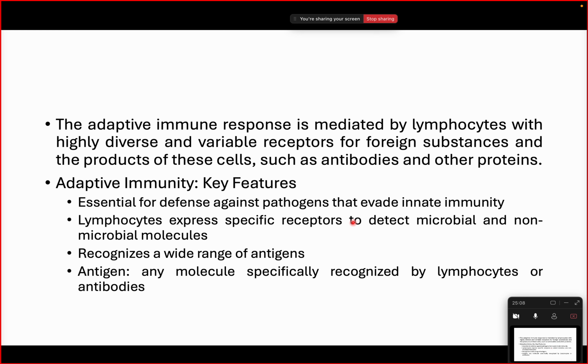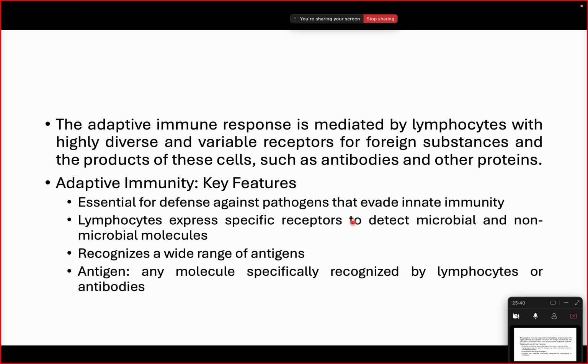Innate immunity will tell the adaptive immunity, oh, this has come, it's already here. We are trying to control it, but we don't know much about it. So we need you to have a very specific response against this type of evader or this type of antigen.